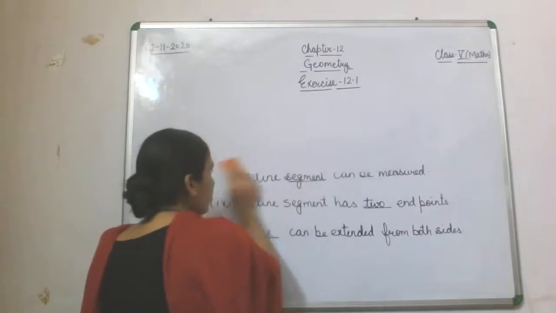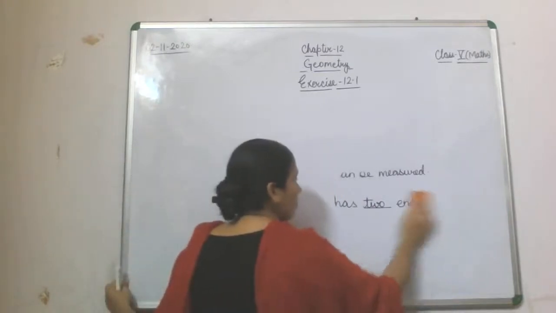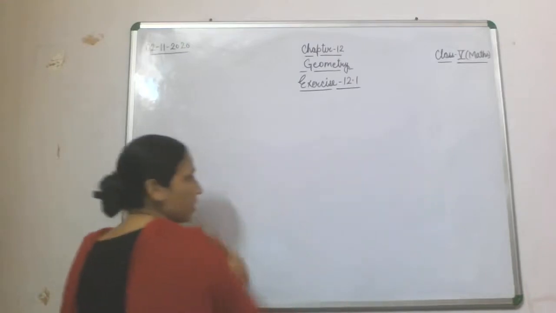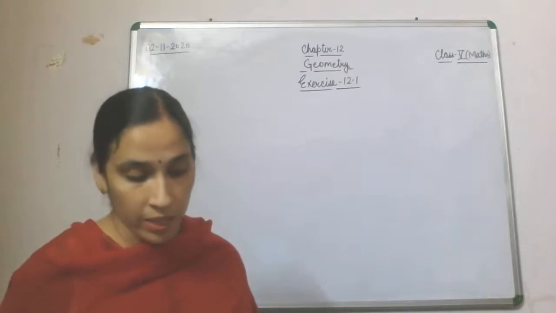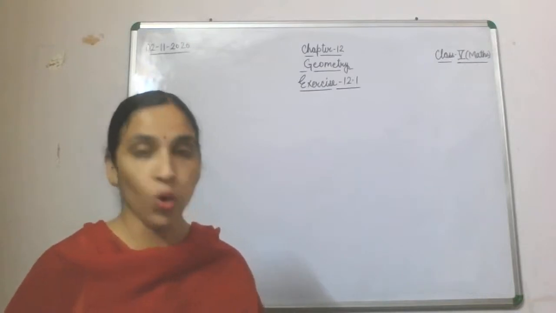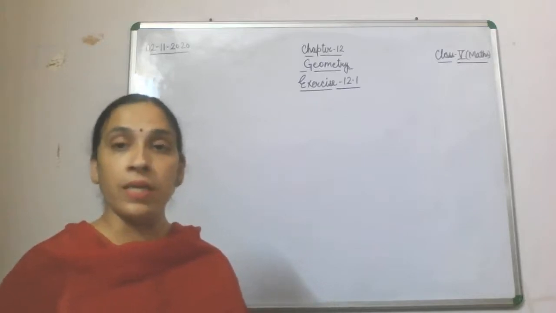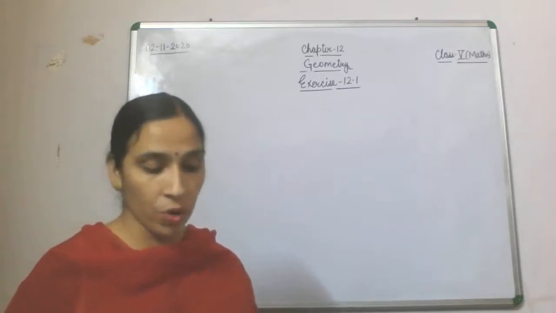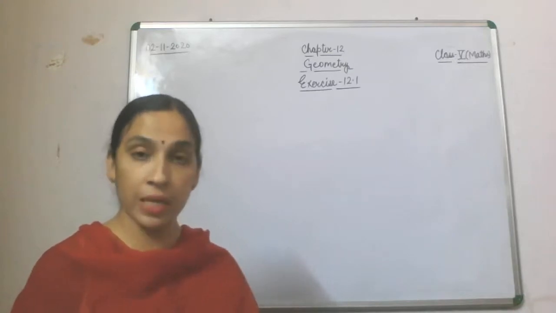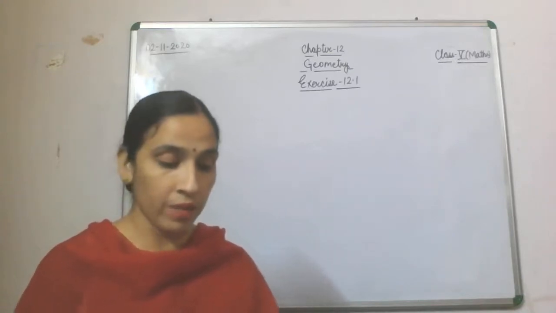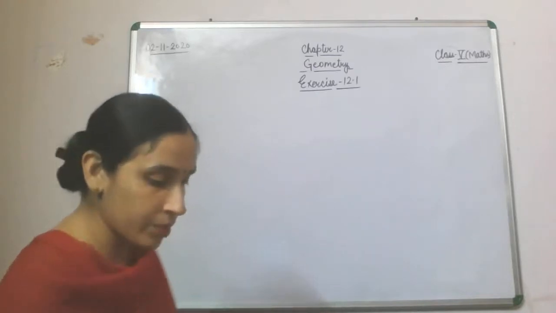Now question number 2 is related to the figure you have been given. Look at the figure and then you have to name the ray, segments or lines in the following. Now you have not been given only a line, you have not been given only a segment, you have been given a figure and you have to see that figure and then tell whether it is a line, segment or ray. So let's start.